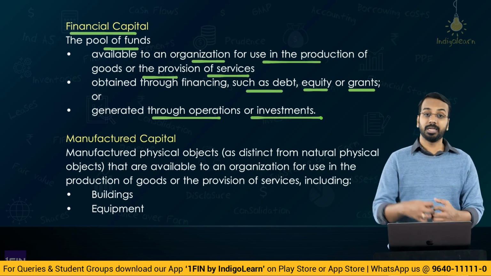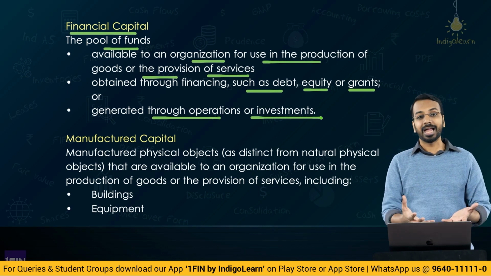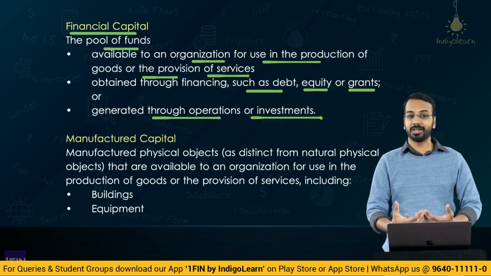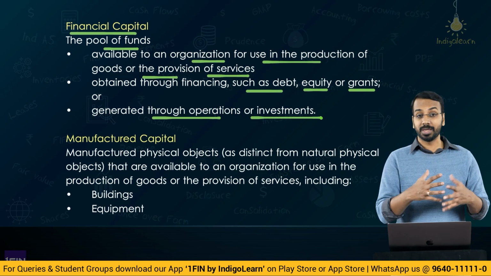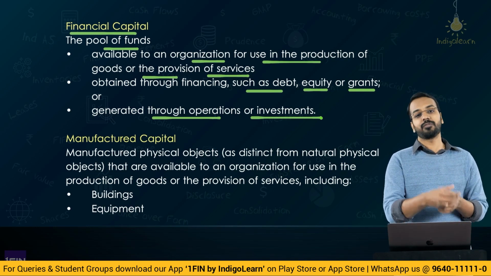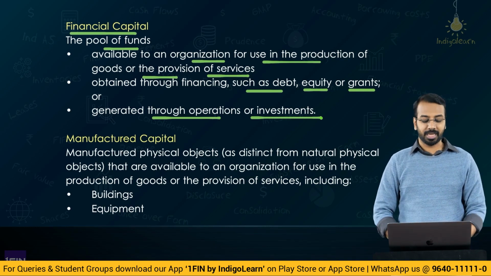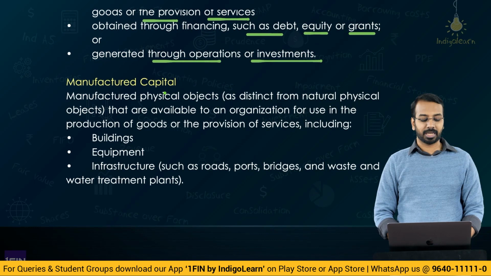So you will get money by way of capital contribution, you will get money by way of grant, and there could also be money that is generated through operations or investments. Basically, the surplus that is generated by way of profit, by way of return on investment, all of that comprises the financial capital.